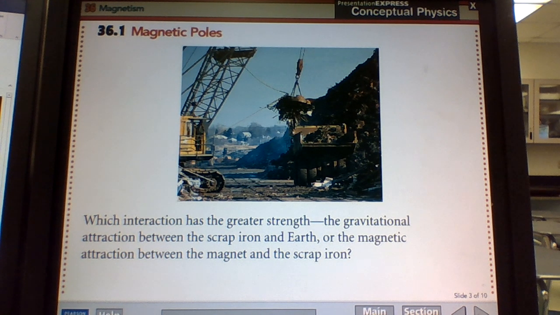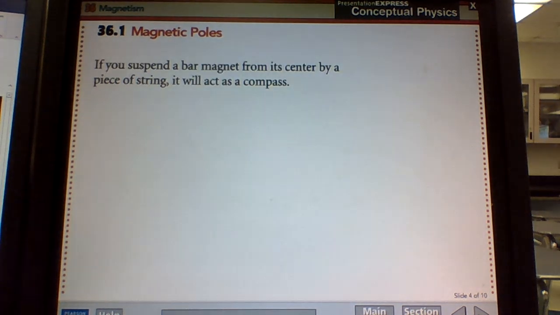But in this case, which is more powerful, the magnetic field or the gravitational field? Because we are able to lift the iron up off of the earth and away from the earth, the magnetic field is stronger. Again, gravitational field is quite weak.